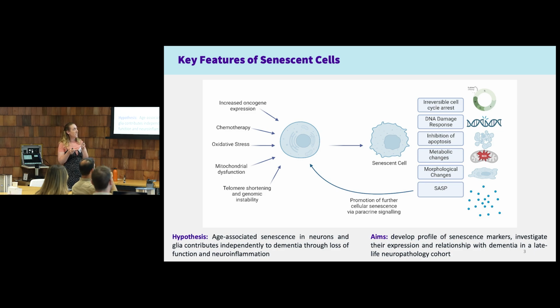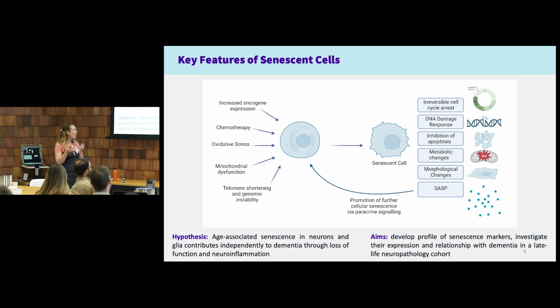We have also identified that many of the key features of senescence have also been highlighted as key features in dementia. Particularly, DNA damage has been linked to early stage events in Alzheimer's disease, as well as other factors such as mitochondrial dysfunction and neuroinflammation. This leads us to consider whether senescence is a major pathological feature that interconnects these different factors.